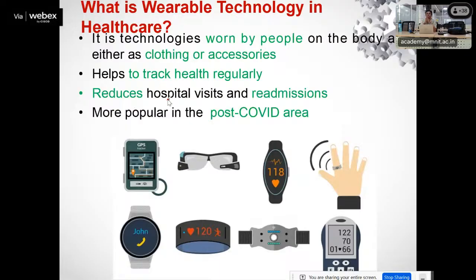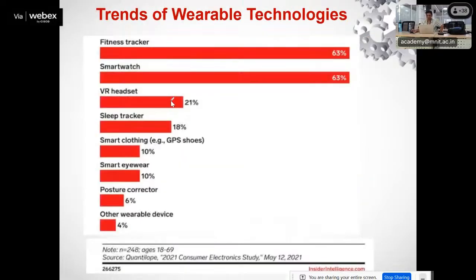With the help of wearable technology, you can definitely track the parameters and identify when the discharge of a particular patient is possible. Such wearable technology is more popular post-COVID. If I look at the different wearable technologies, fitness trackers and smartwatches are very popular.